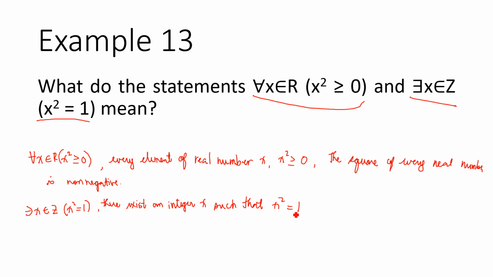So this means there is an integer whose square is 1.